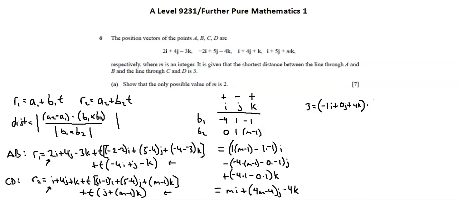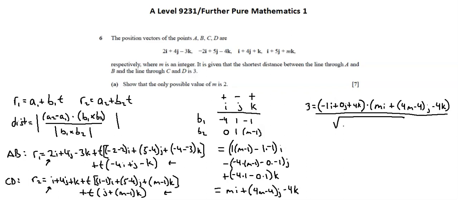We want the dot product of this expression and the vector product we just calculated, mi, plus quantity 4m minus 4j minus 4k. In the denominator, we want the magnitude of the vector product which we calculated. That's going to be the square root of the sum of each squared coefficient.